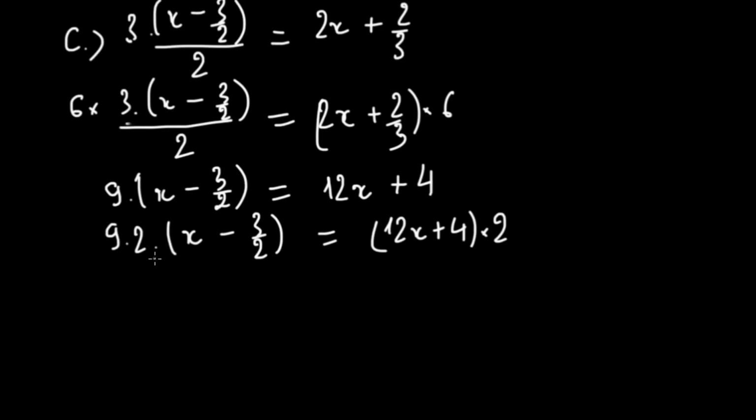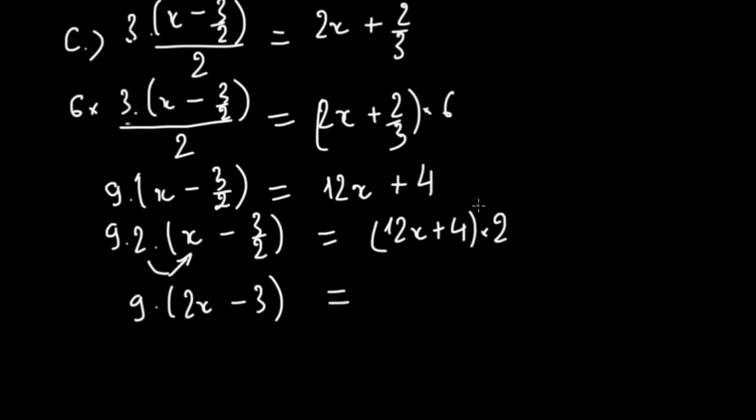Now we distribute 2 inside right here. You got 9 times 2x, right? And then 2 times negative 3 over 2, we have negative 3. Because 2 divided by 2, you got 1. 1 times negative 3, you got negative 3.